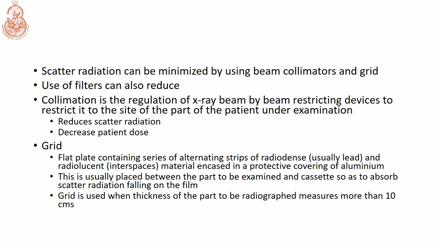This is placed between the part to be examined and the cassette so as to absorb scatter radiation falling on the film. A grid is used when the thickness of the part to be radiographed measures more than 10 centimeters.